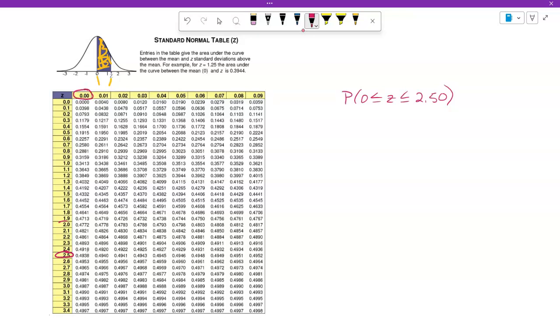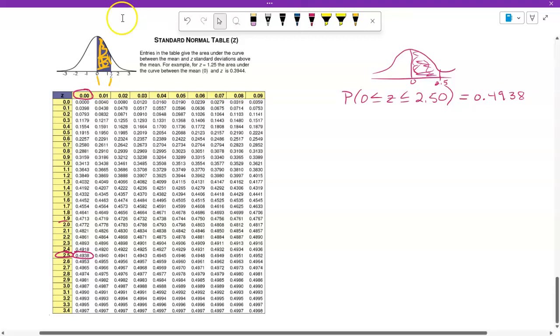And here is where those two things intersect. And here's that probability, which is just from 0 to 2.5, that right side of what we're looking for, according to the table. And if you put this in your calculator, this is what you should get: 0.4938. So that's half of our math done.